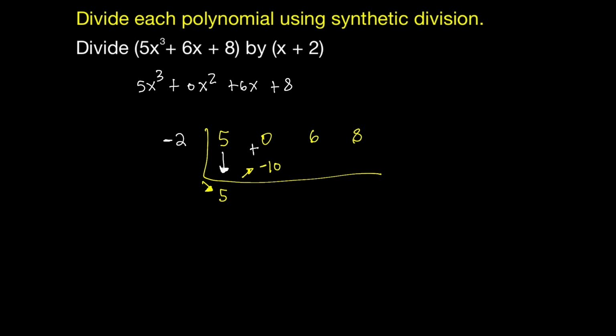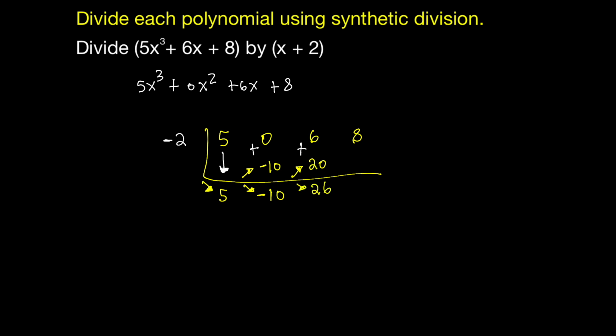And now I'm going to add my column here. So 0 plus negative 10, we're still going to have a negative 10. Now I am going to multiply the negative 2 with negative 10, and I'm going to get a positive 20. And now I'm going to add this column, 6 plus 20, we're going to get 26.